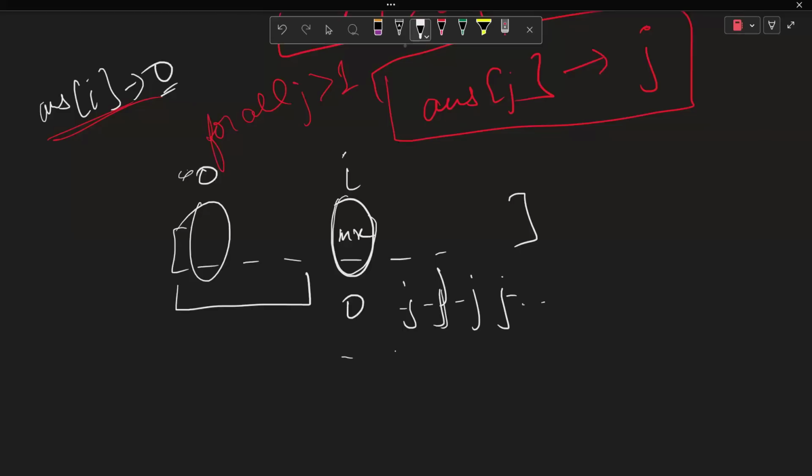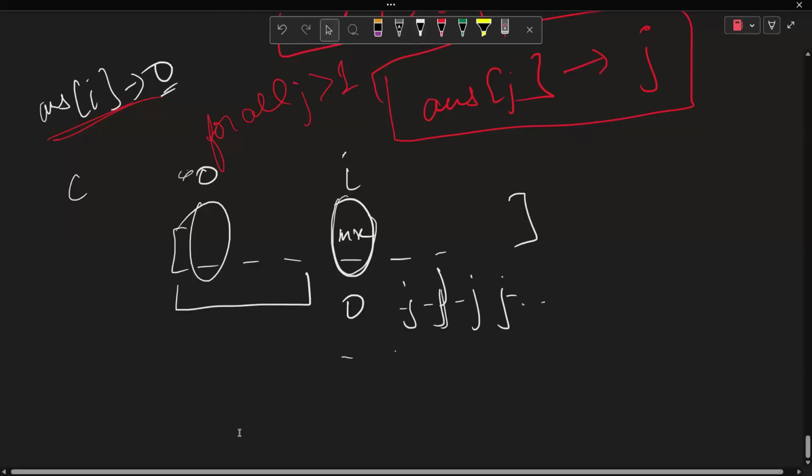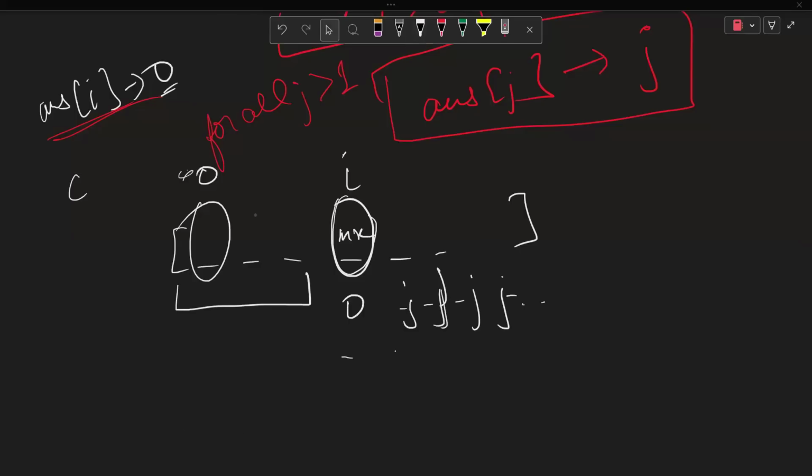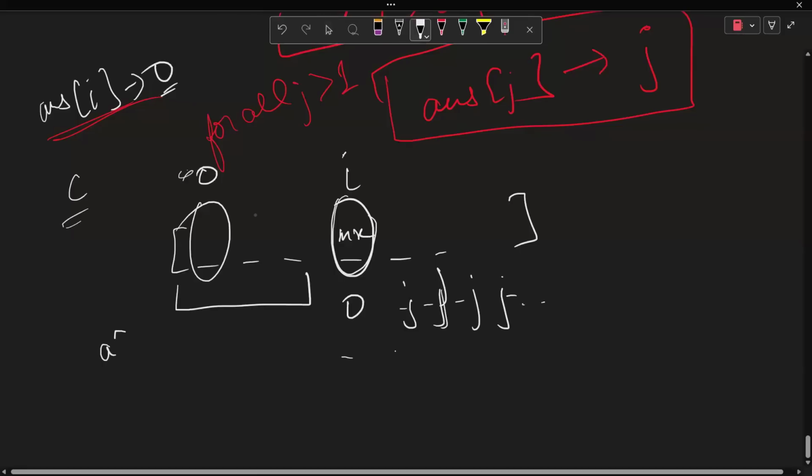We know for sure that all the votes of the unselected ones would go to him. So all these C votes would go to him, giving A0 plus C votes initially. And we are saying he is not winning, so this is definitely less than MX.